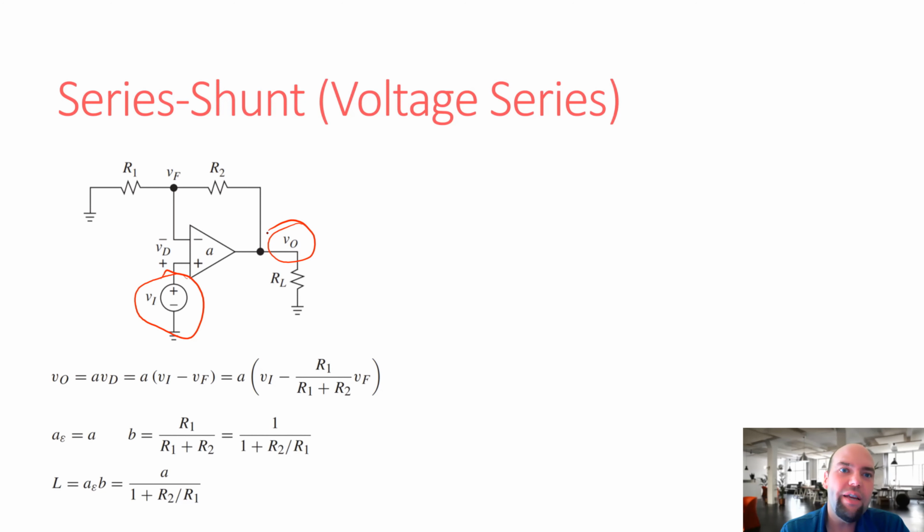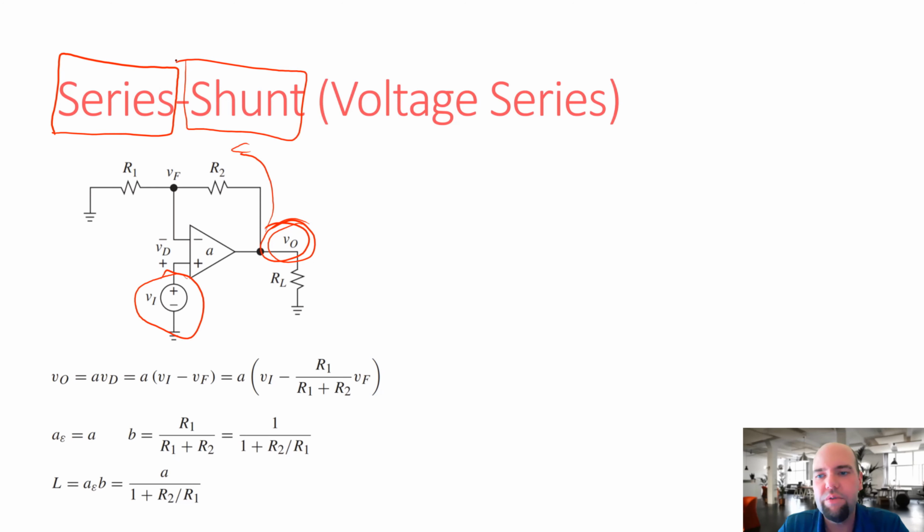So if I wiggle the input and it causes the op amp's input terminals to wiggle, that tells me this is a series combination, and we'll talk about it a little bit more. In fact, it is labeled series, and then the output is a voltage, and we're sampling that voltage. So we're sampling in shunt, in parallel. We always measure voltages in parallel.